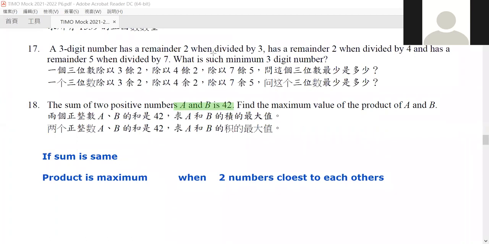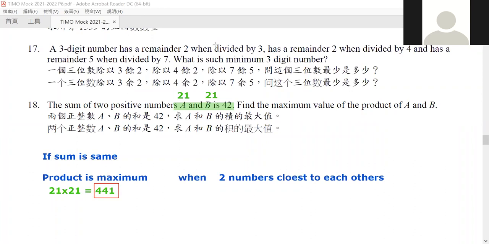The closest is that they are the same. If they are the same and sum up to 42, then each of them must be 21, right? So the maximum product is 21 times 21, which is equal to 441. So 441 is our maximum.